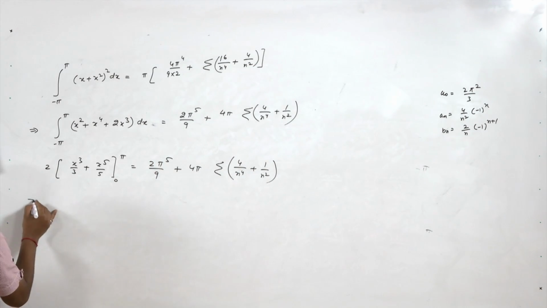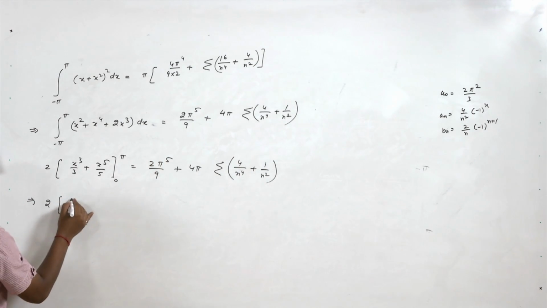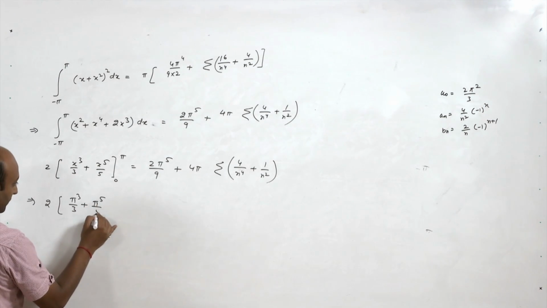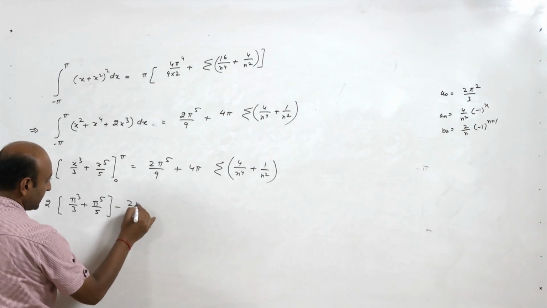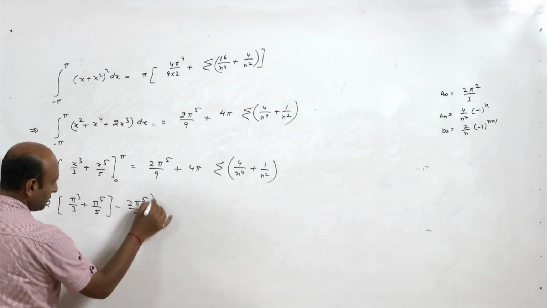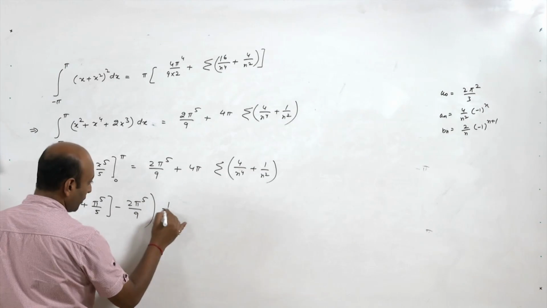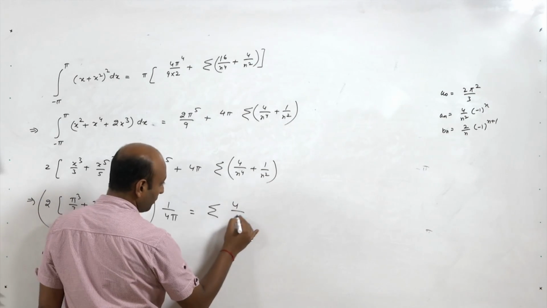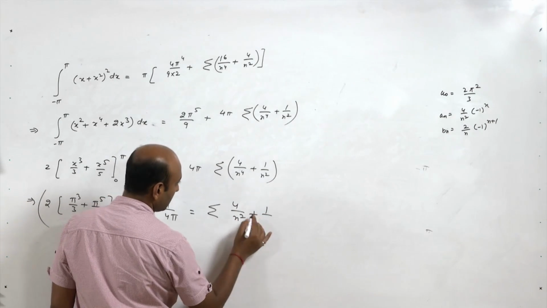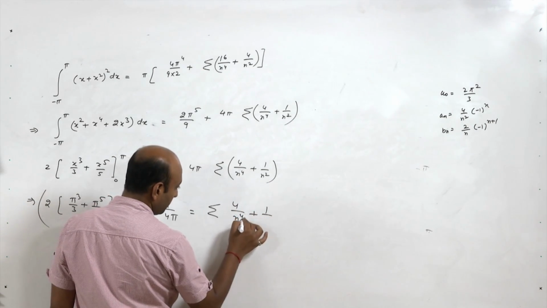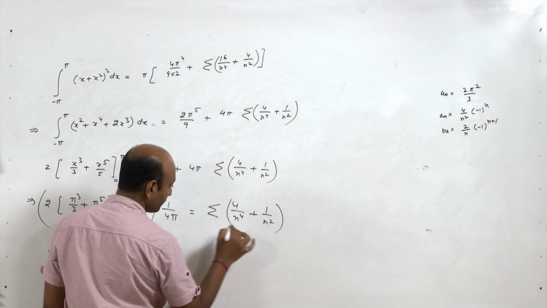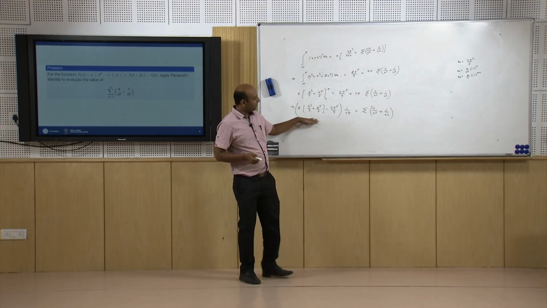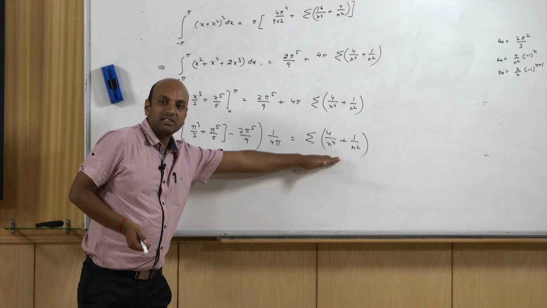So, this implies 2 into pi cube by 3 plus pi to the power 5 by 5, minus 2 pi to the power 5 upon 9, and whole divided by 4 pi is equal to summation of 4 upon n to the power 4 plus 1 upon n square. So, we can simplify this. On simplifying, we will get the value of this expression.